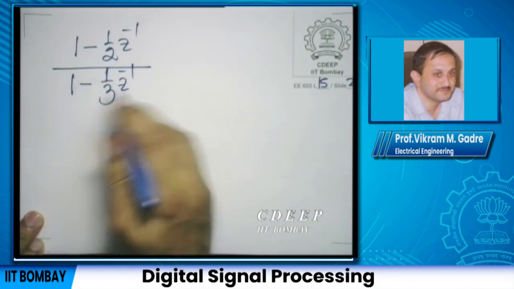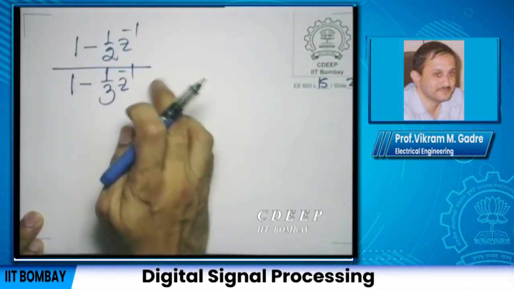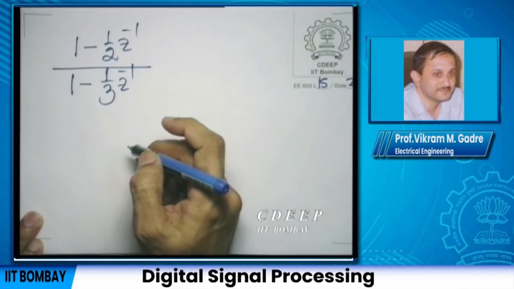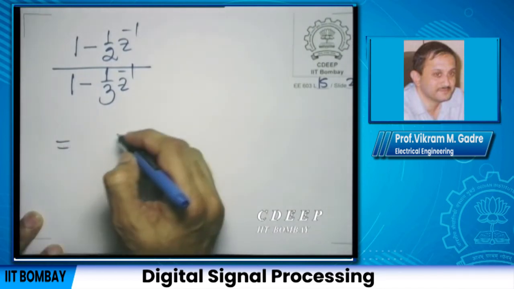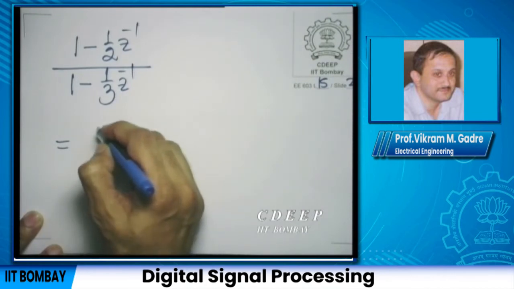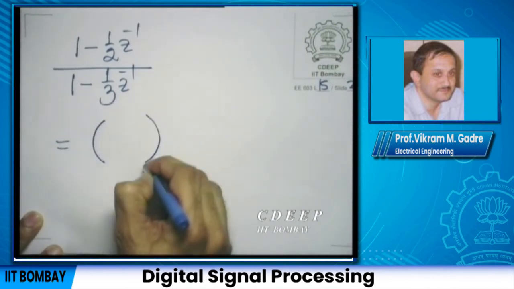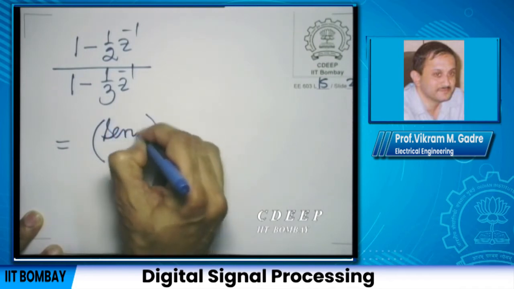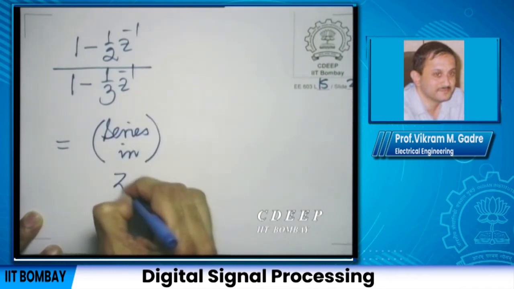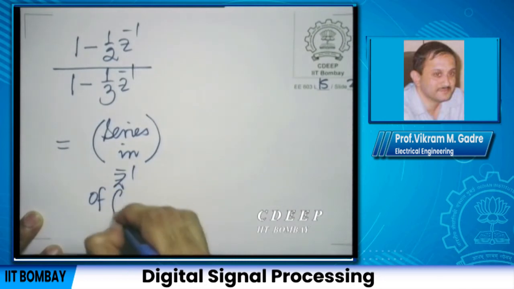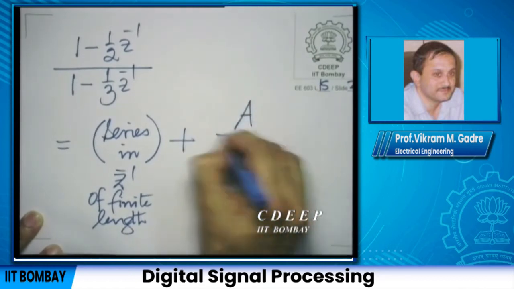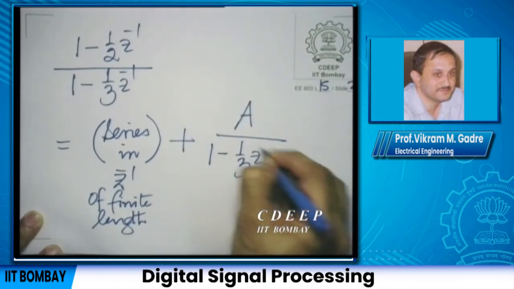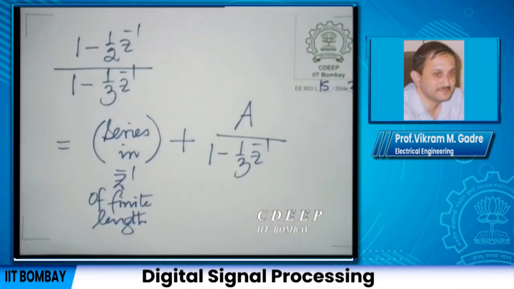Now, this is not in the standard partial fraction expansion form. In the partial fraction expansion form, it should be written down as a polynomial or a series in z or z inverse, of finite length, plus some constant divided by 1 minus 1/3 z inverse.